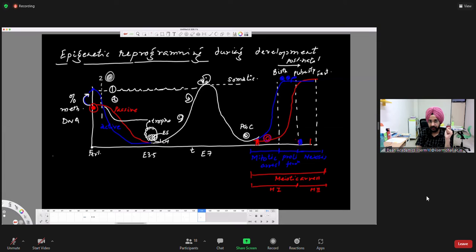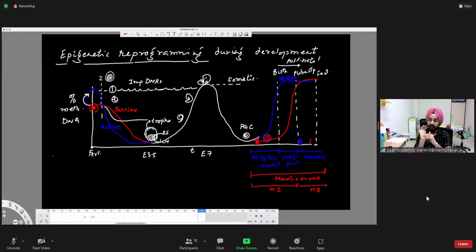So imprinted DMRs, imprinted regions, remain methylated because they have a role in development. If they get demethylated, then both the alleles are expressed. Then what is imprinting? There's no imprinting. Imprinting has a role during development, and so it has to maintain those imprints. So except imprinted DMRs, most of the things get demethylated during embryonic development.